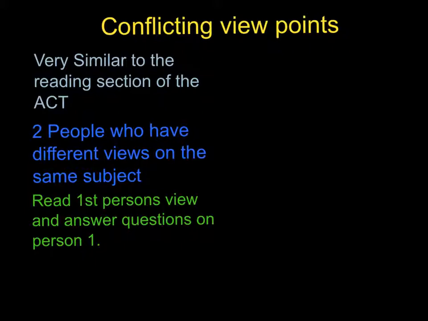If you don't know the answer to one of the questions on his view, just skip that question and come back to it later. Usually after you read the second person's paragraph or passage, you will have a better understanding of the topic. After you've read the first person's view, go on and read the rest of it, and then answer the rest of the questions.